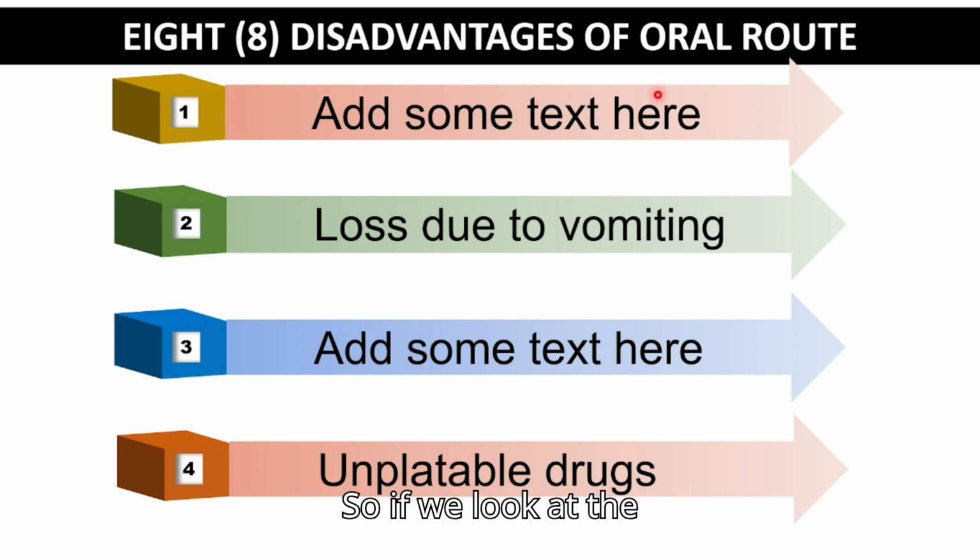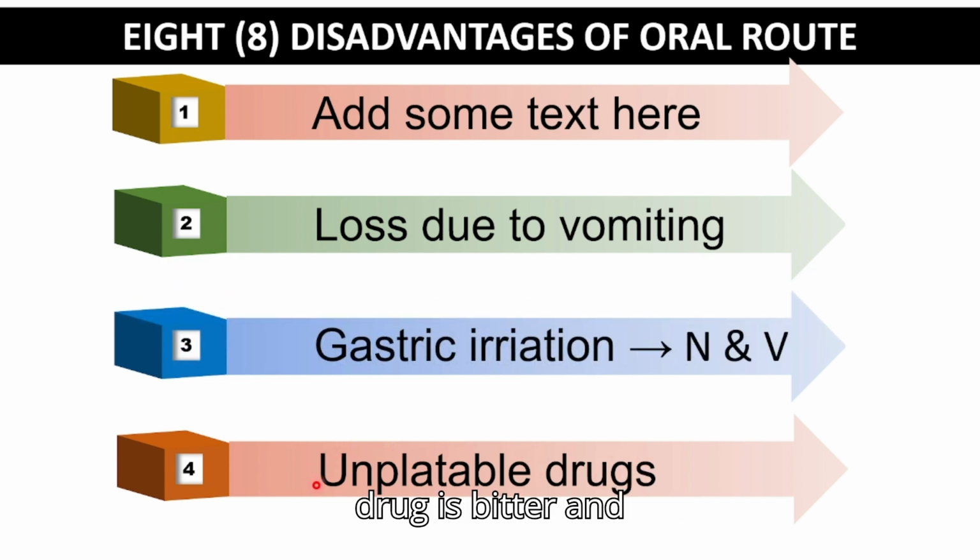So if we look at disadvantages, there are 8 disadvantages. First, the patient may be vomiting, and this can lead to loss of drug when the drug is given. This is especially so if the drug is bitter and unpalatable.